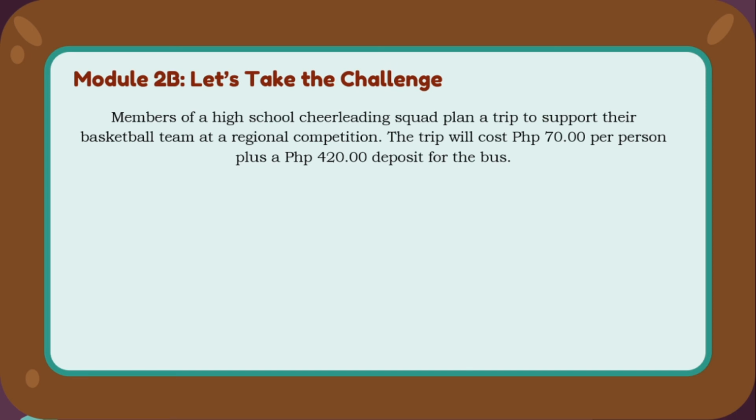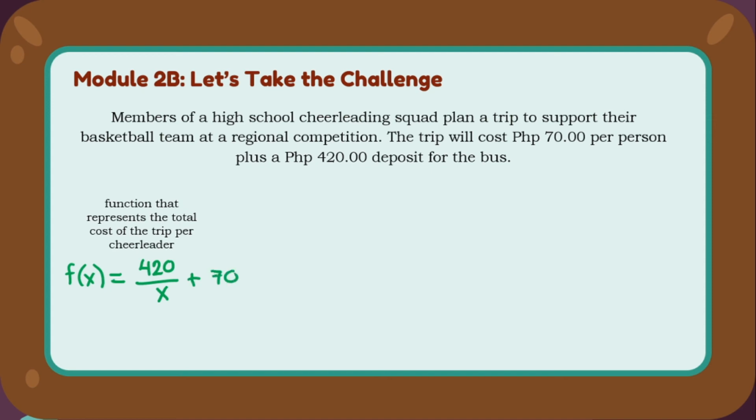Alright? So, we can express this function as f of x is equal to, okay, since meron silang 420 pesos na deposit for the bus, so it will become 420 divided by x, where x is the number of person na kasali, plus 70. Very good.